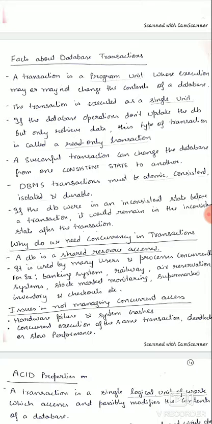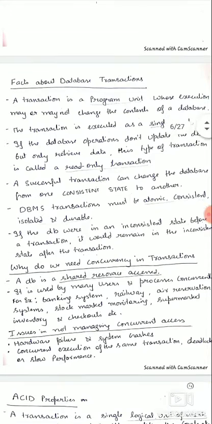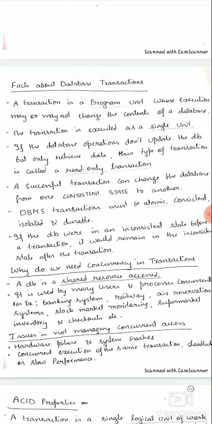A transaction is said to be successful only when it moves from one consistent state to another consistent state. We have seen the different transaction states, and when moving from one state to another, it has to be in a consistent state.